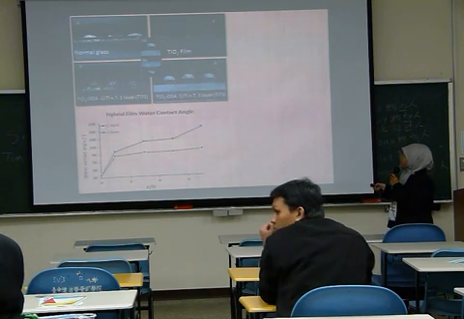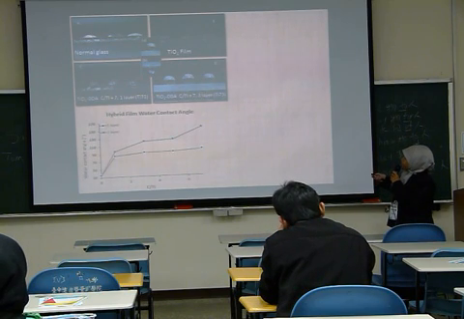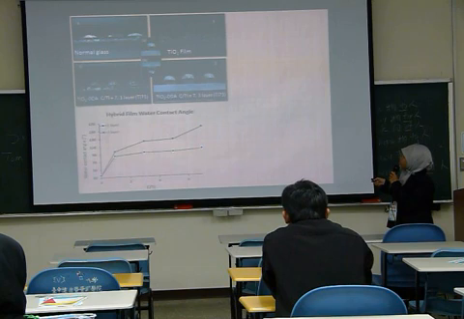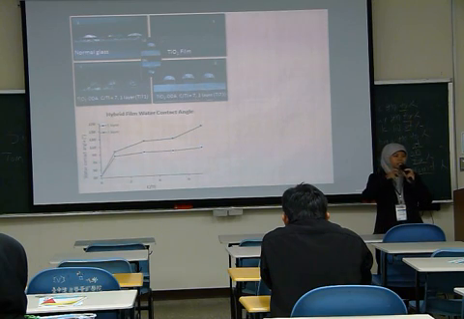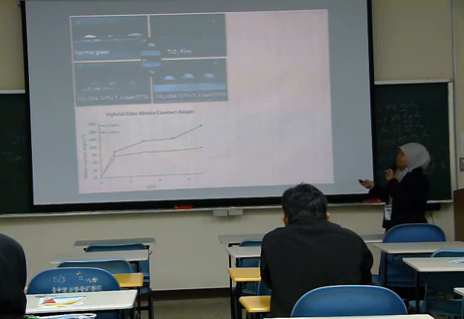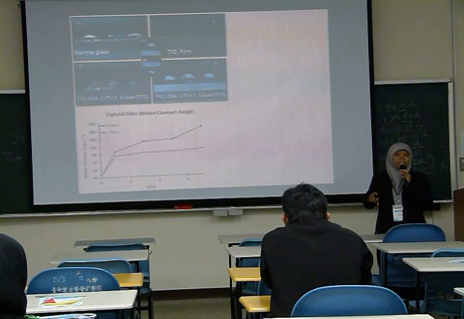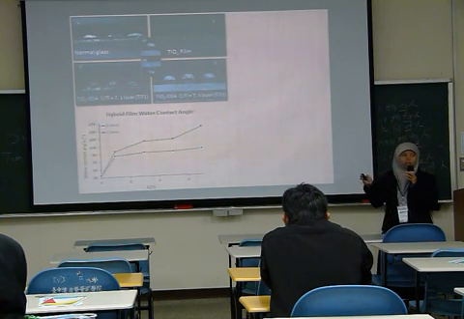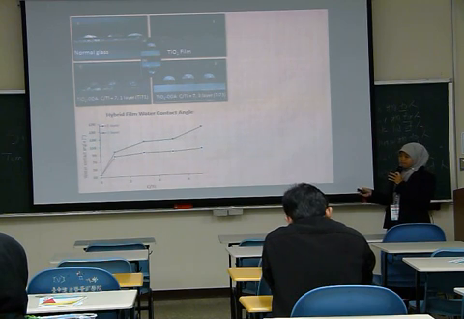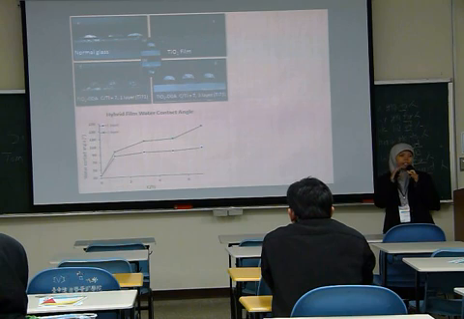Also, if we look at the picture in the center, this is the same glass, but we tilted it, and after we tilt the glass, the water droplet doesn't slide. It means that there is strong interaction between the water and the glass surface, and it doesn't mean that the glass doesn't have self-cleaning property.